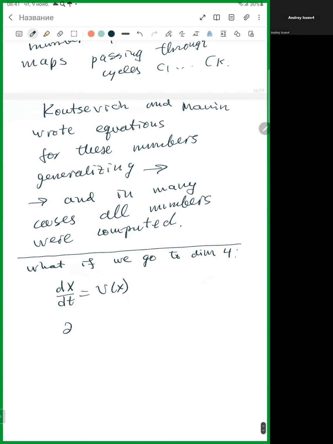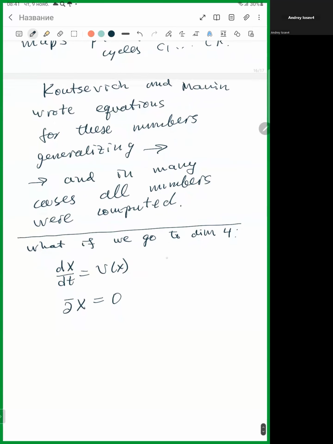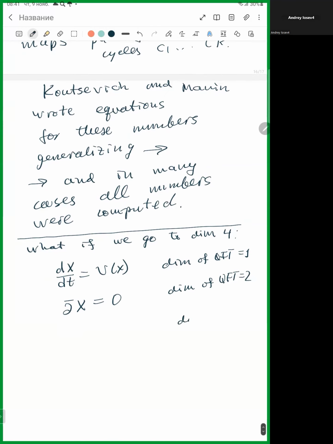Second equation was d bar of x was 0. So it was dimension of QFT equals 1. It is dimension of QFT equals 2. So is it possible to write down something in dimension of QFT equals 4? And the answer is surprisingly yes.